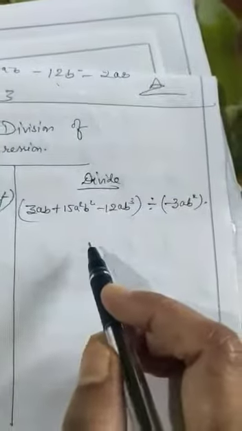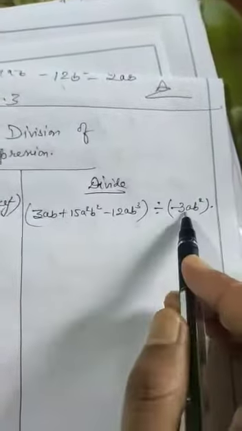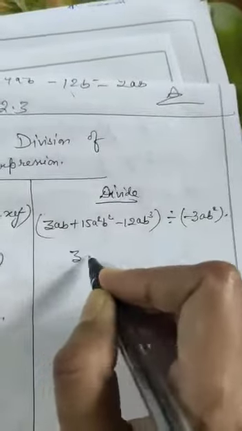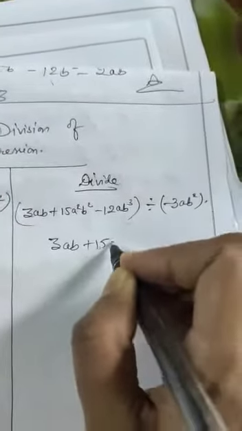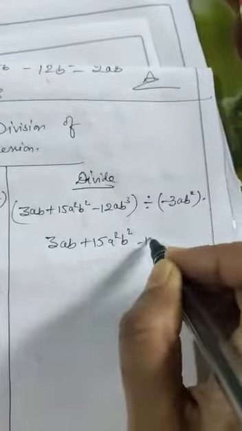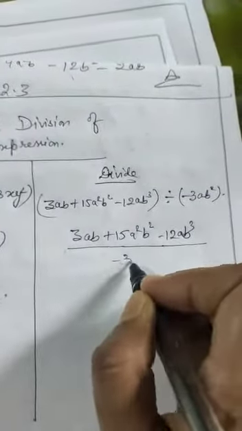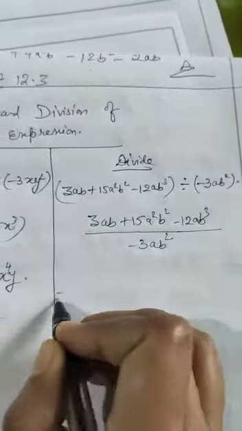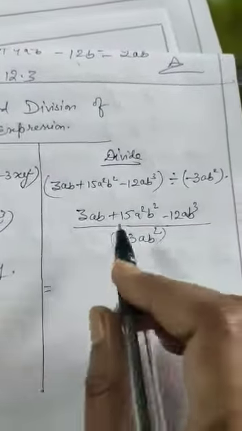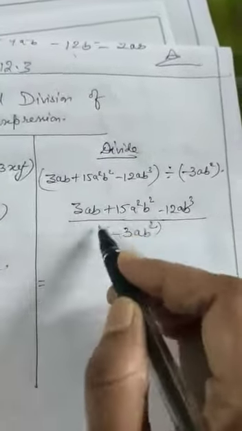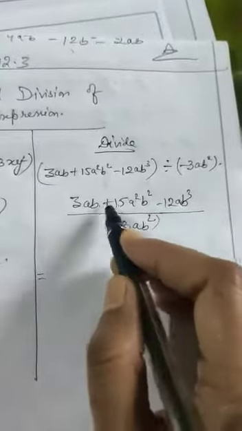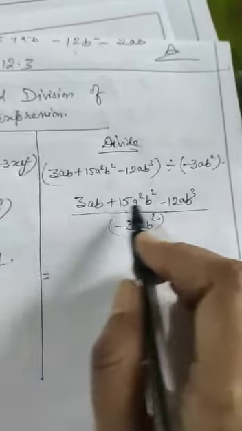Now divide. How to divide two algebraic expressions? So first of all we will write it in division form. 5a square b square minus 12ab cube divided by minus 3ab square. Now do not cancel out directly like this, because these terms are in plus or minus.